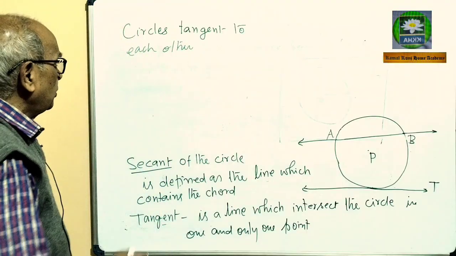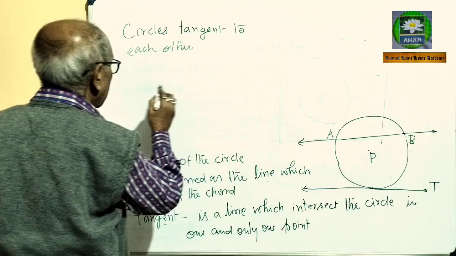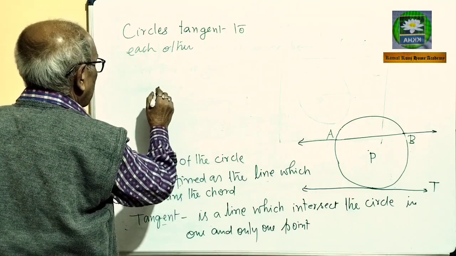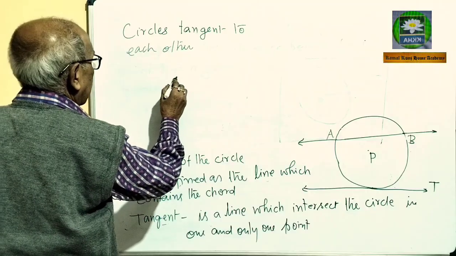Two circles are said to be tangent to each other if they have the same tangent.